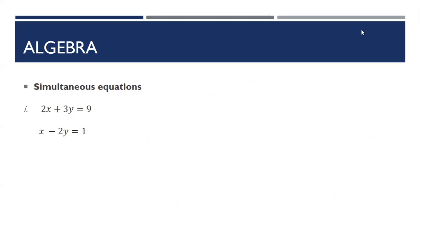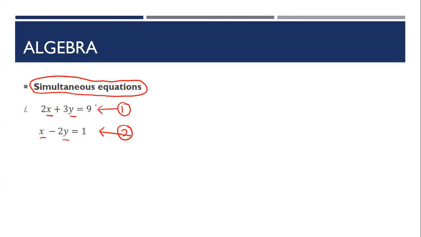Here you can see there are two unknowns. The x and y are there in both these equations. So I consider this as equation 1 and this is my equation 2. Now we are going to talk about simultaneous equations.